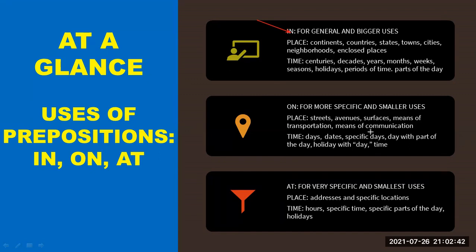Of course, there are exceptions, and there are cases where you find overlapping functions among the prepositions. We are going to look at all these. In terms of time, you use on for days and dates. You say on Monday. You don't say in Monday. And for dates, specific days like your birthday, your wedding day, and so on.